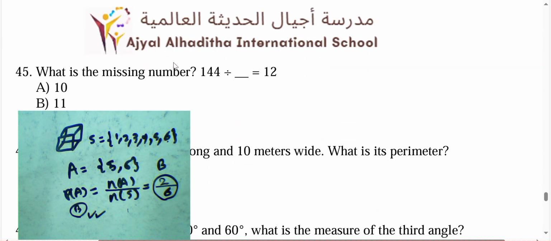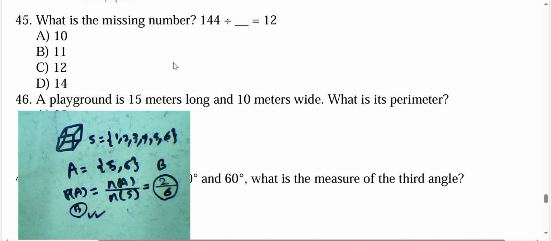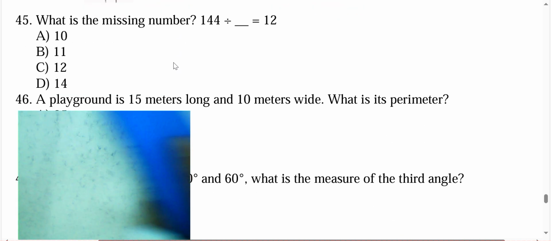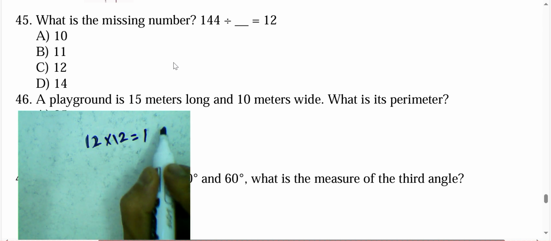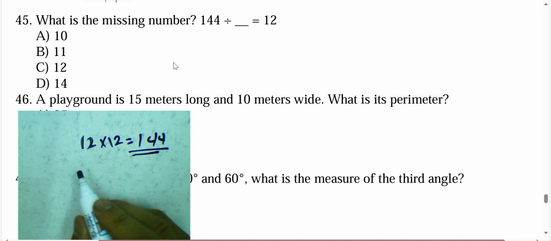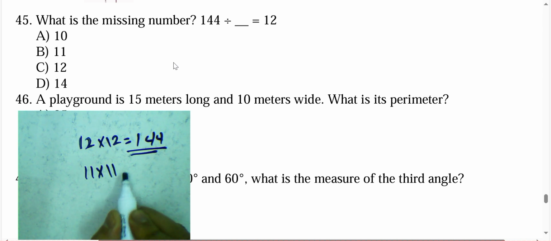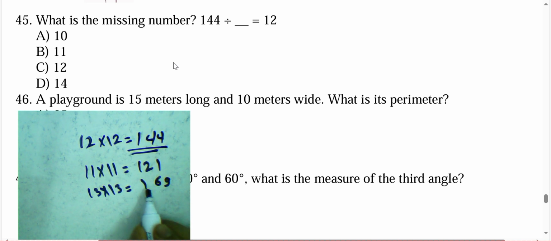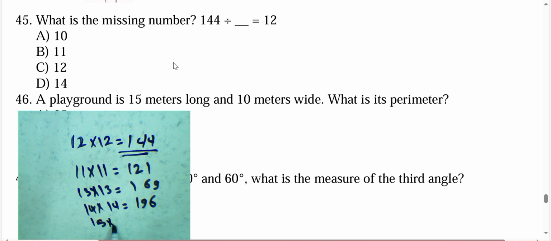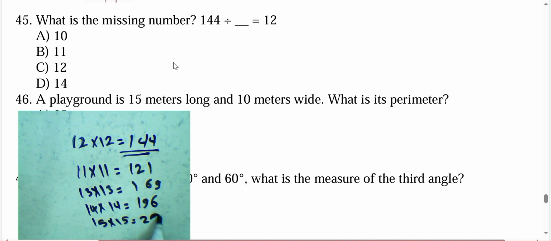Next question. What is the missing number: 144 divided by 12? We know 12 times 12 equals 144. Okay, you must know 11 times 11 equals 121, 13 times 13 equals 169, 14 times 14 equals 196, 15 times 15 equals 225.